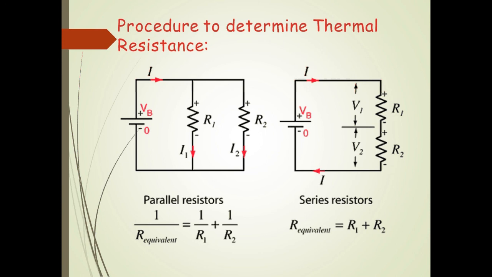Therefore, its equivalent resistance is calculated by 1 upon R equivalent is equal to 1 upon R1 plus 1 upon R2. Similarly, when two resistors R1 and R2 are connected in series, its equivalent resistance is R equivalent is equal to R1 plus R2.